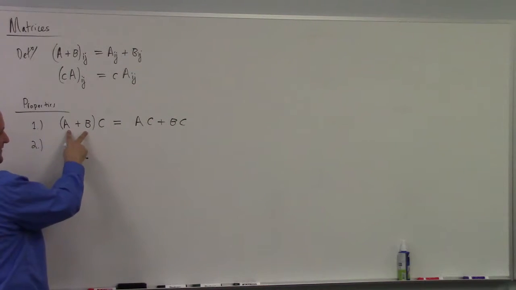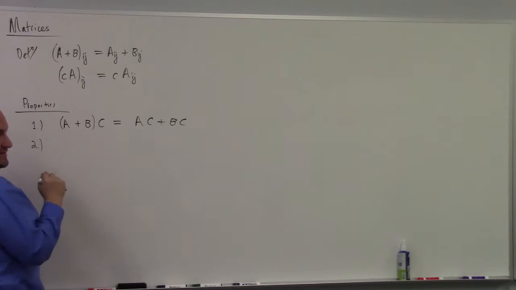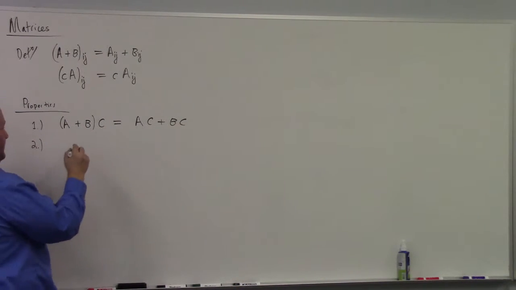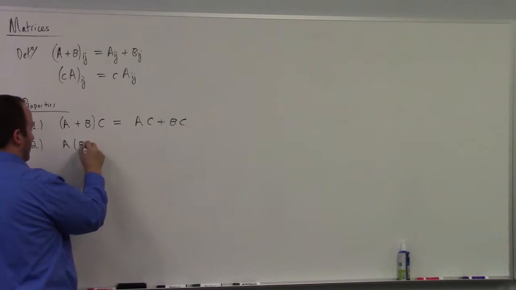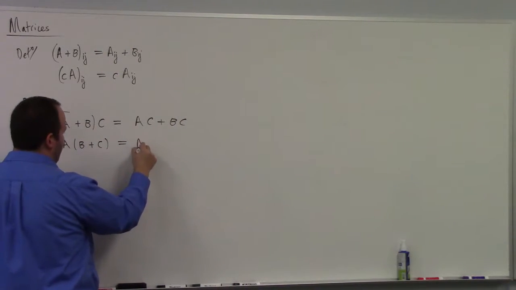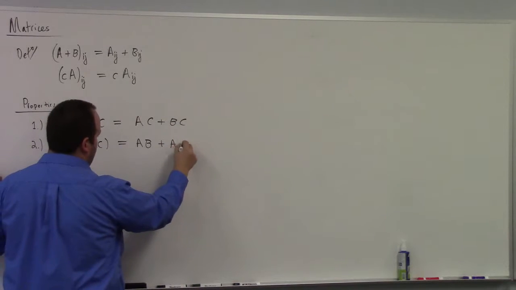Now here A and B have to have the same size, and C has to be multipliable by that size. Likewise, if I have A times (B plus C), well, that's AB plus AC.